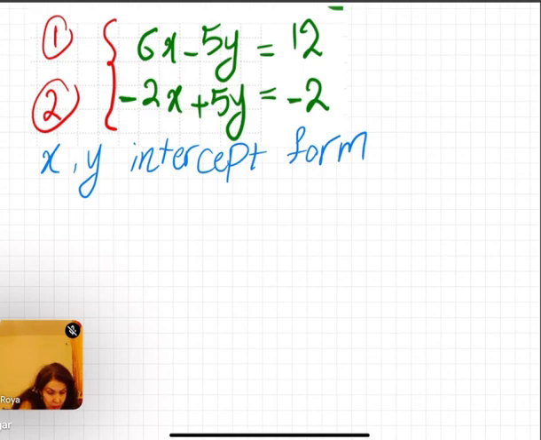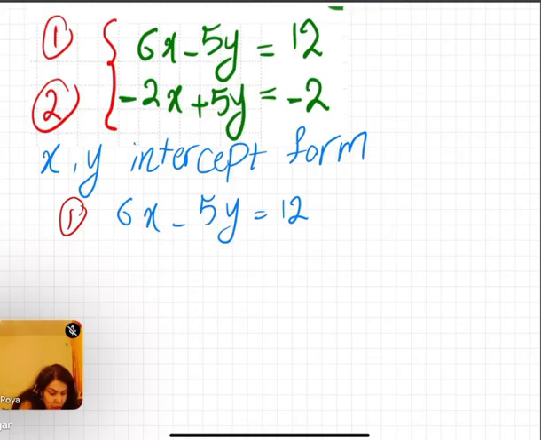For example, for equation number 1, which is 6x minus 5y equal to 12.